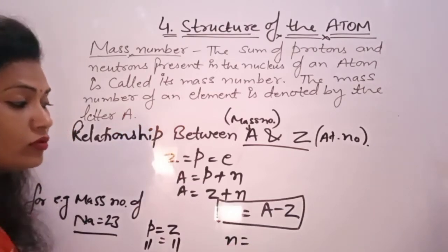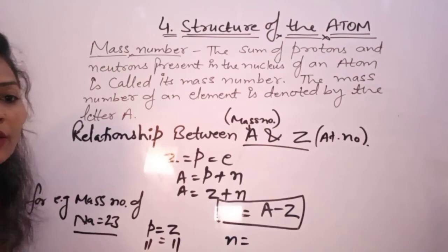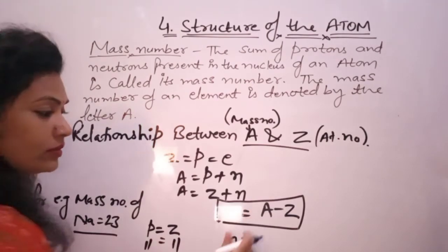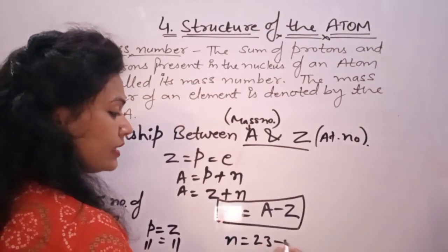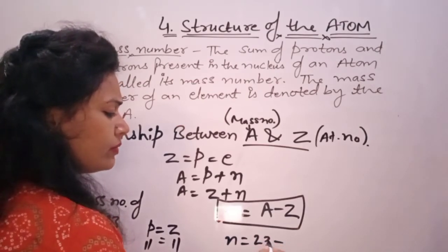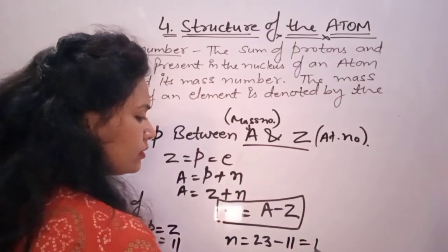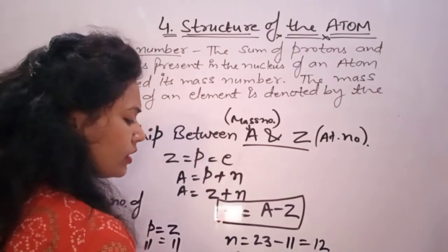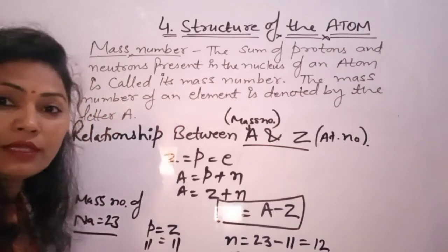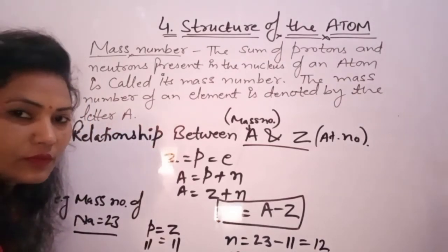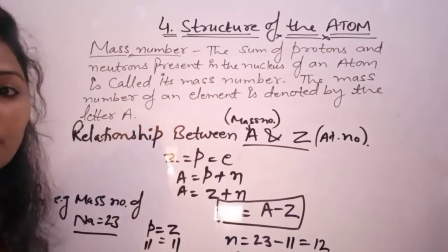N equals A minus Z. A is the mass number, 23, minus Z, the atomic number, 11. So we will get 12. So the number of neutrons is 12 in the sodium atom. So you can find out like that. Got it?